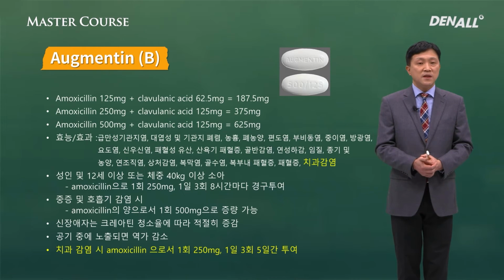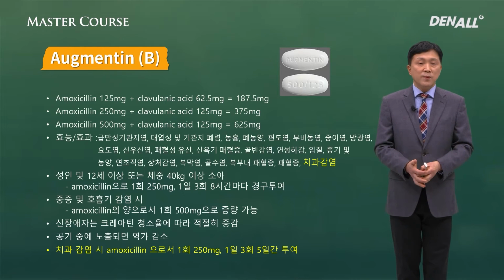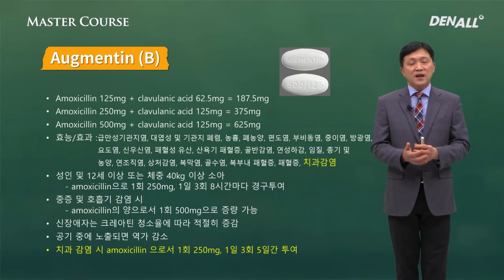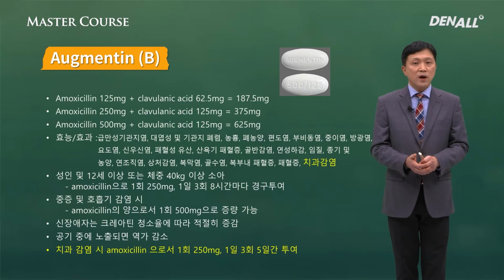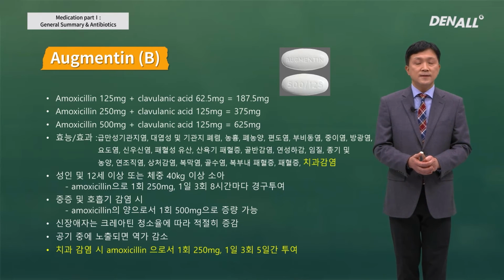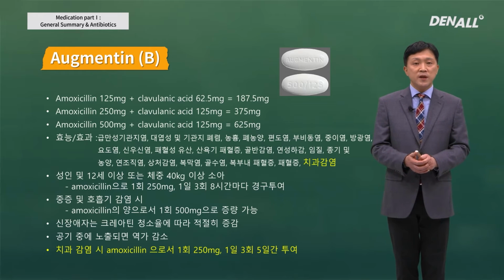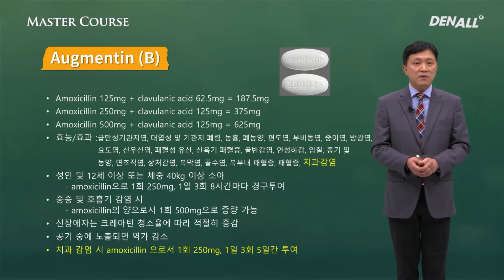Next, Augmentin. It is in the FDA classification category B. Augmentin is used with clavulanic acid, effective for beta-lactamase or penicillinase producing bacteria. So it is an antibiotic used with clavulanic acid. Dosage broadly 187.5, 375, and 625 milligrams.